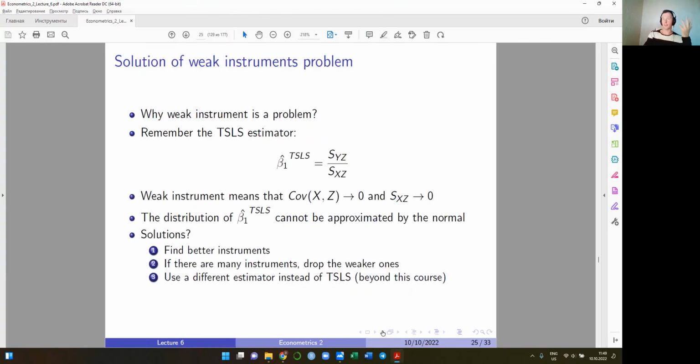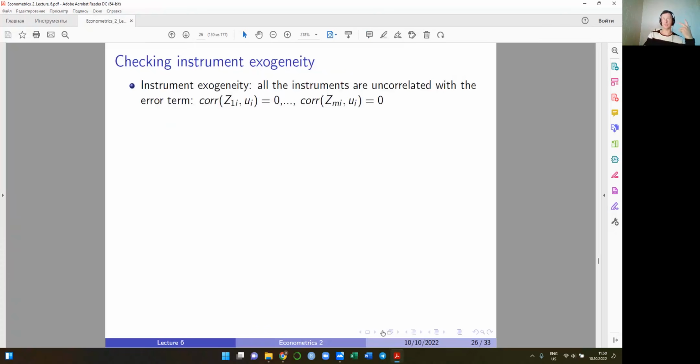So this is the way we can check instrument relevance: first stage regression, obtain the F statistic, compare it with 10, and then make a decision whether instruments are weak or not. The second property of a good instrument is instrument exogeneity. With instrument exogeneity, we have trouble because, as I said, the correlation of the instrument with the error term can only be justified by telling a story.